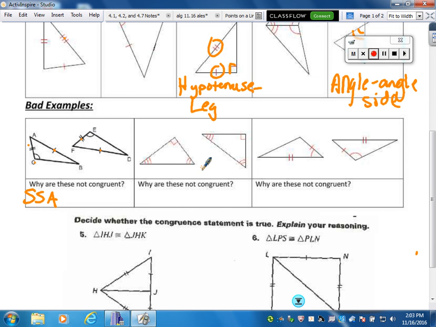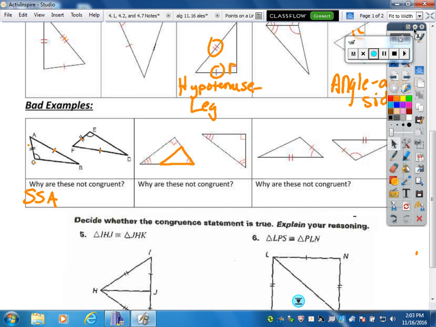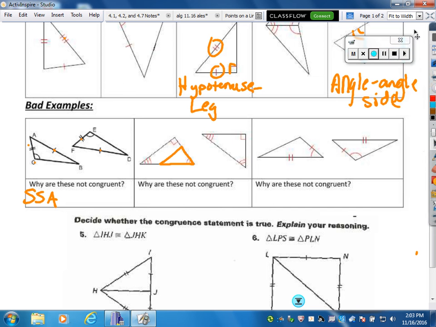Why are these not congruent? Let's take a look at them. I've got all three of my triangles there. It looks like it should be fine. But let me draw you a picture real quick. The angles are not enough to prove that these are congruent. So I just drew you a small triangle, a little bit smaller than our original one, but I want to prove to you that, look, it has all identical angles, but it's a completely different size.